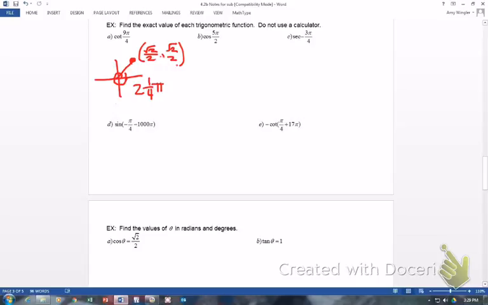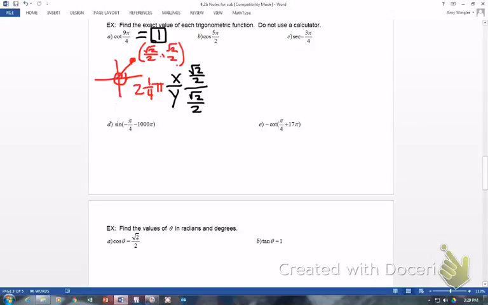So if tangent's y over x, then cotangent is going to be x over y. So if cotangent's x over y, then you're going to take the x value, which is radical 2 over 2, and you're going to put it over the y value, which is radical 2 over 2, and you're going to reduce it. So the cotangent of 9/4 pi is equal to 1.